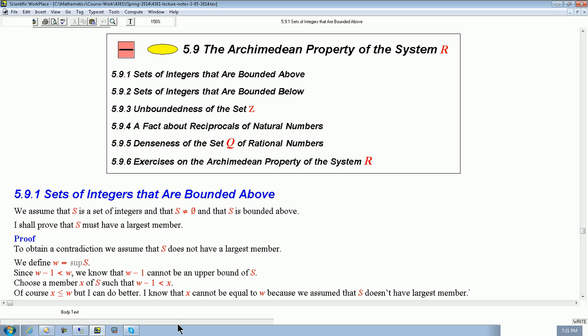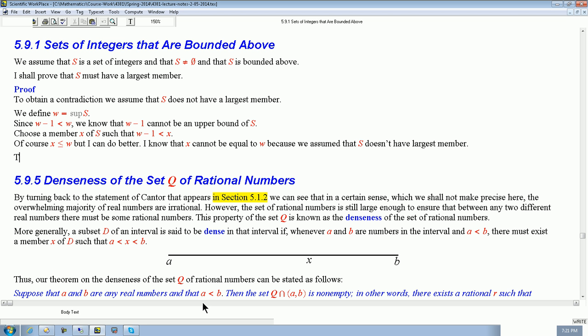You see? So I'm telling you that X, therefore, is less than W, right? Less than W.